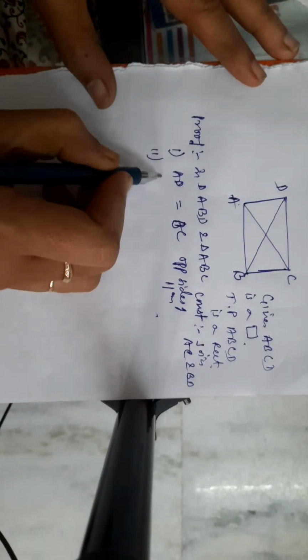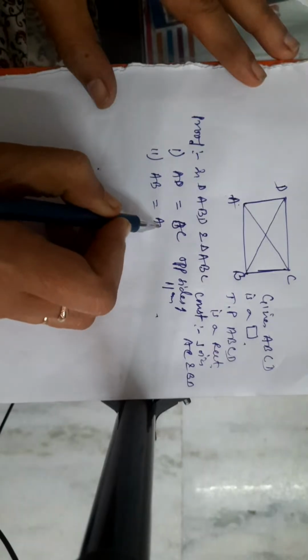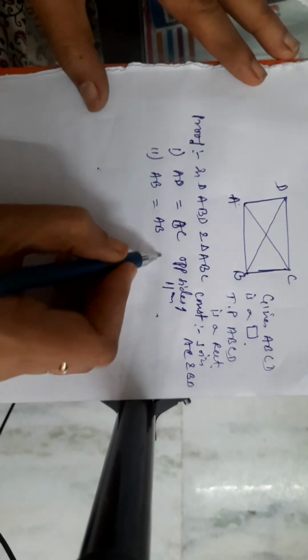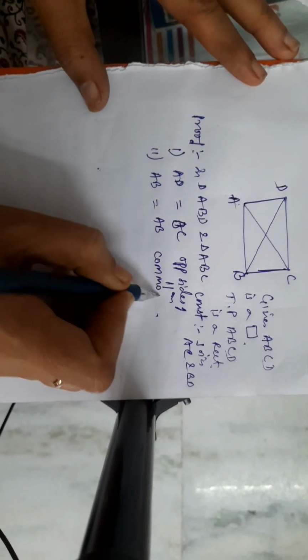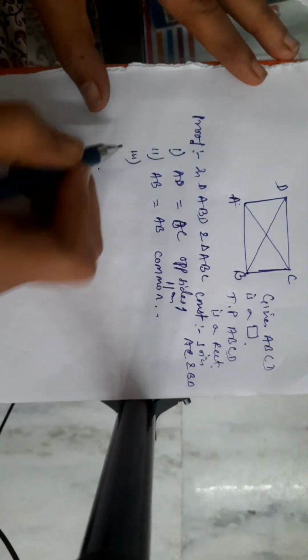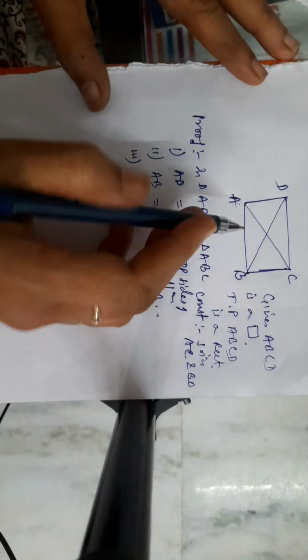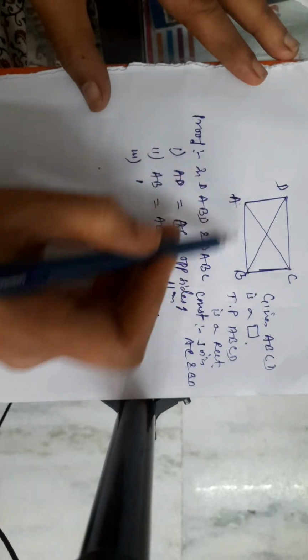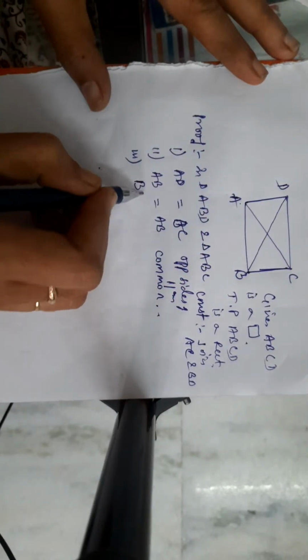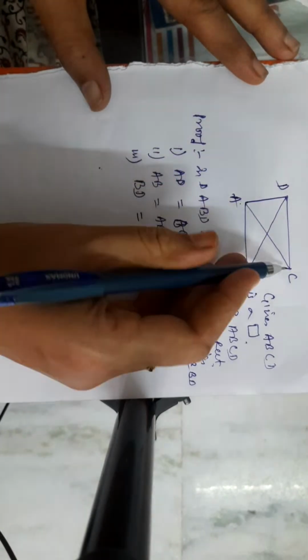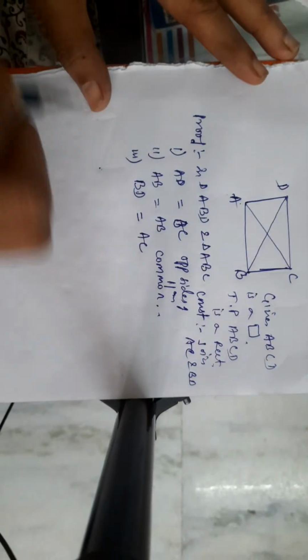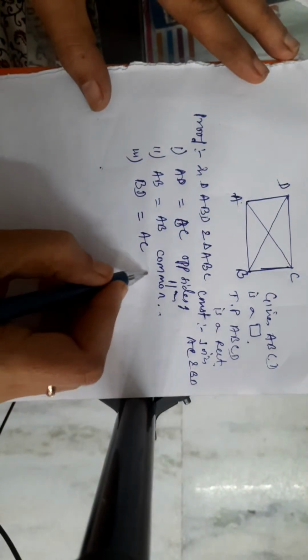Second point, AB is equal to AB. It's a common side. That's the second point. Third point, here we have taken triangle ABD, so BD is equal to AC. They are diagonals.